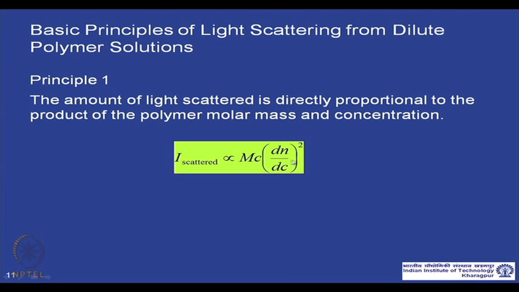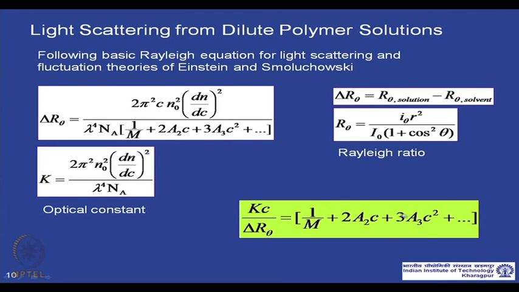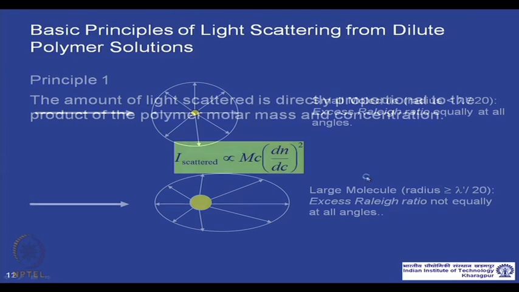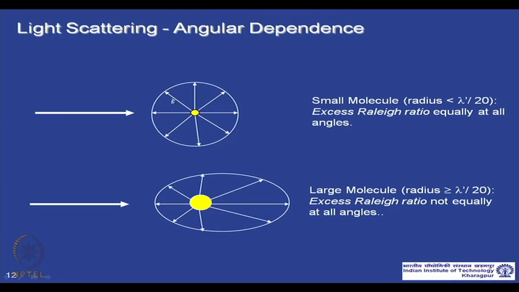Now, we are talking about this expression for a point scatterer, where the scattering from different parts of the molecule does not interfere. If we plot the Rayleigh ratio at different angles, that will give the same intensity. Remember, the Rayleigh ratio has a cos squared theta term in the denominator.